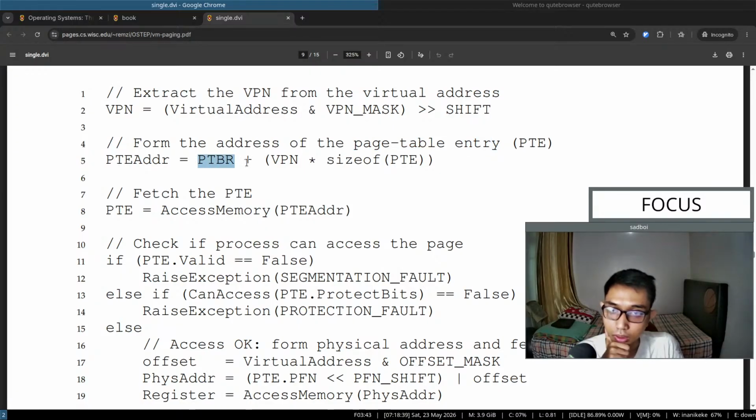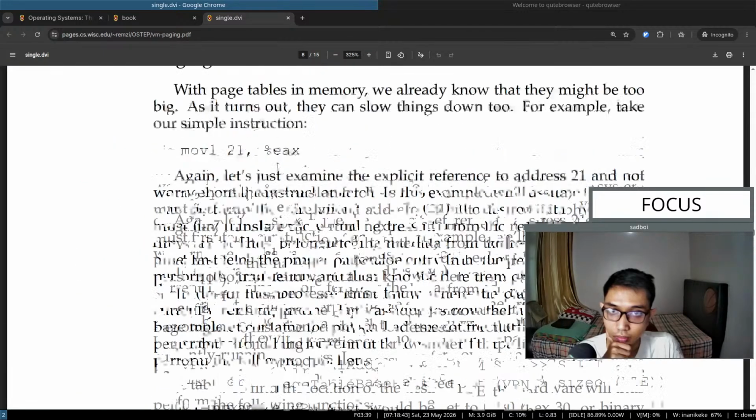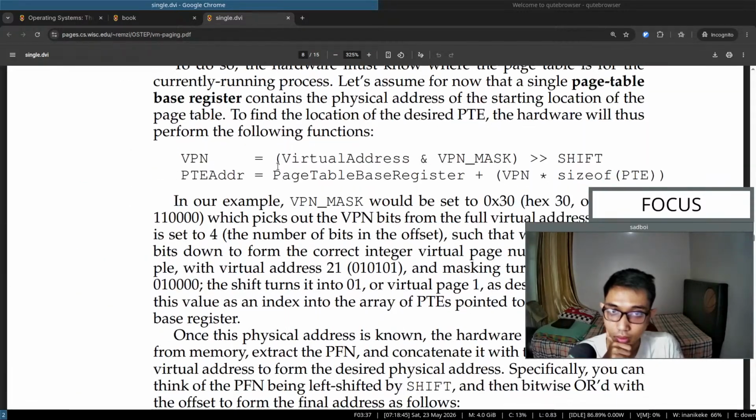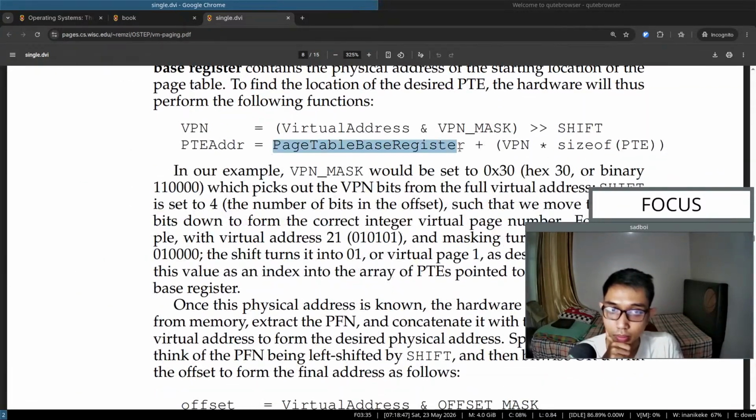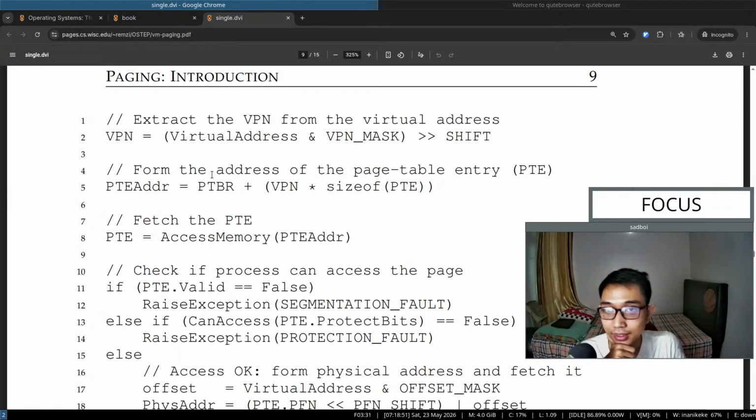What is PTBR here? Oh, page table base register. Okay. The page table base register plus the virtual page number, or the index, times the size of a page table entry.